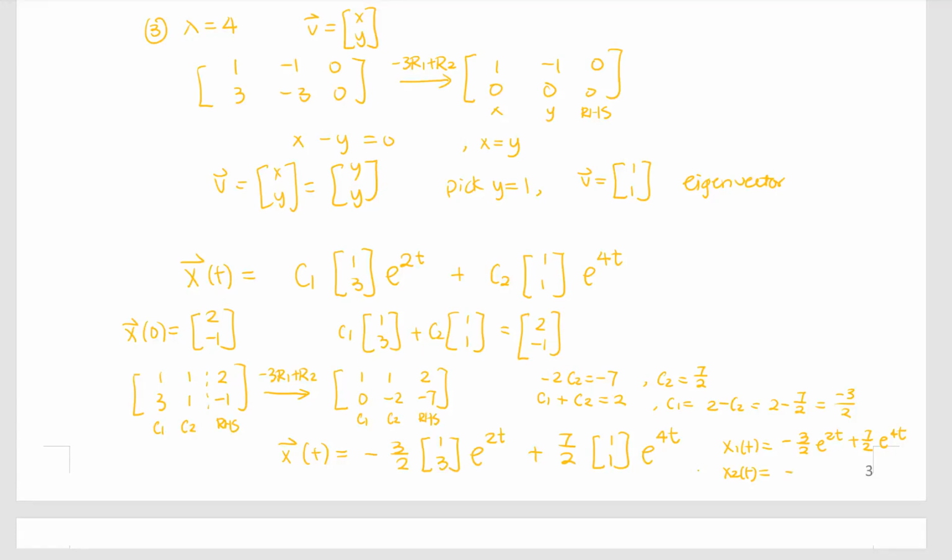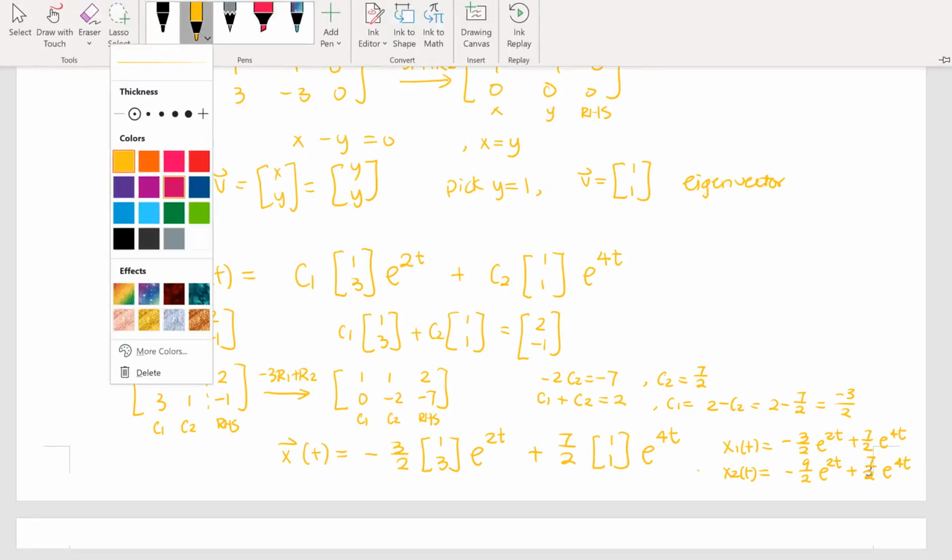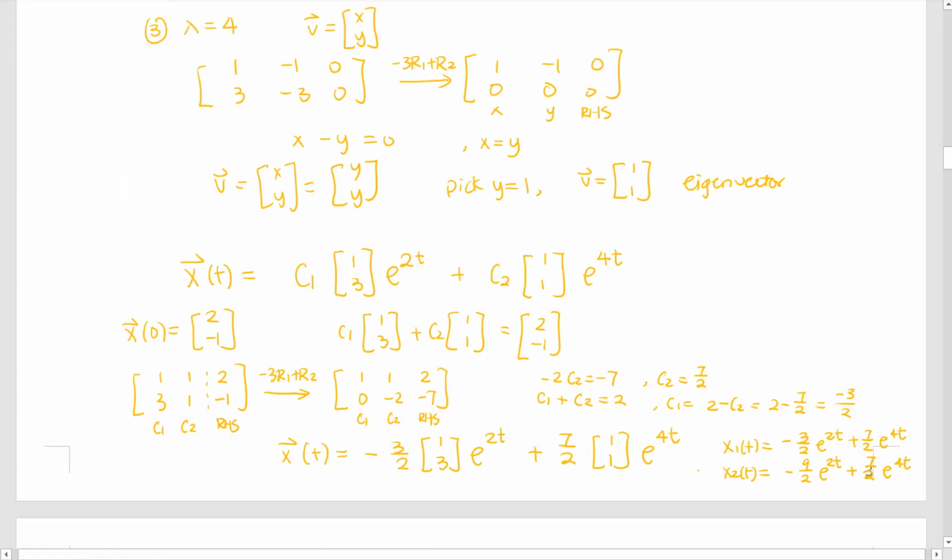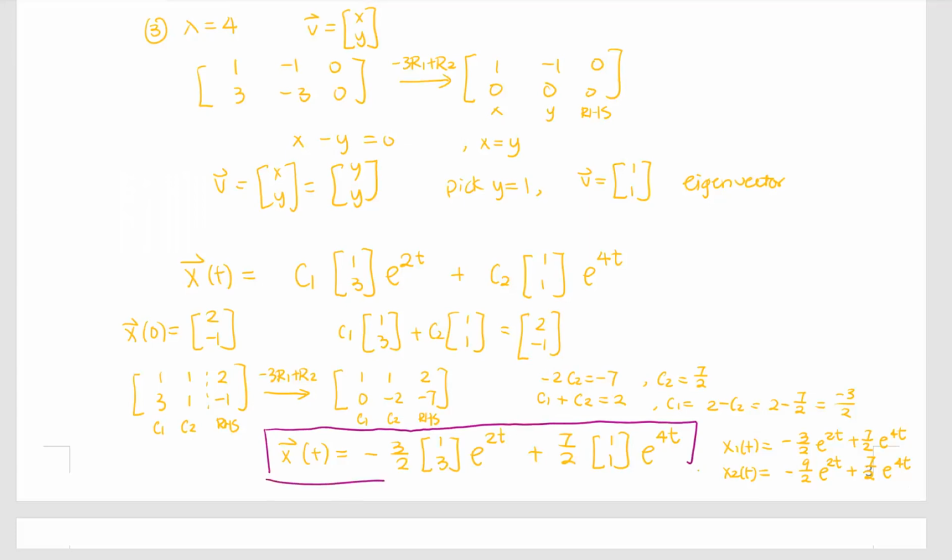So negative 3 times 3 is negative 9 over 2 e to the 2t plus 7 over 2 e to the 4t. So far, so good, everybody. I should use a darker color. Sorry about that. You can just write your solution in this form.